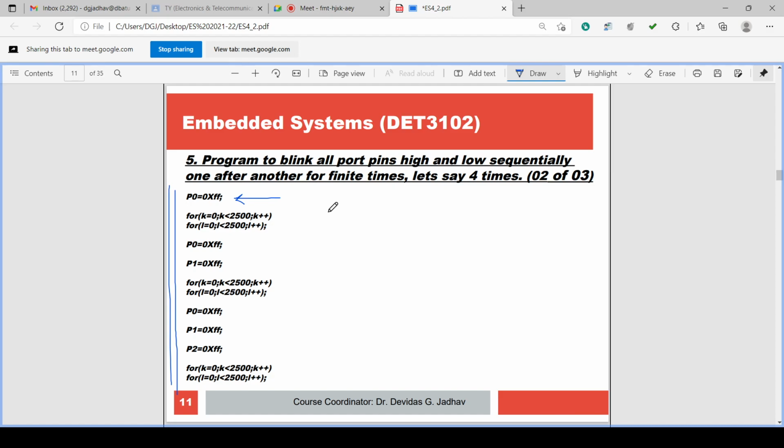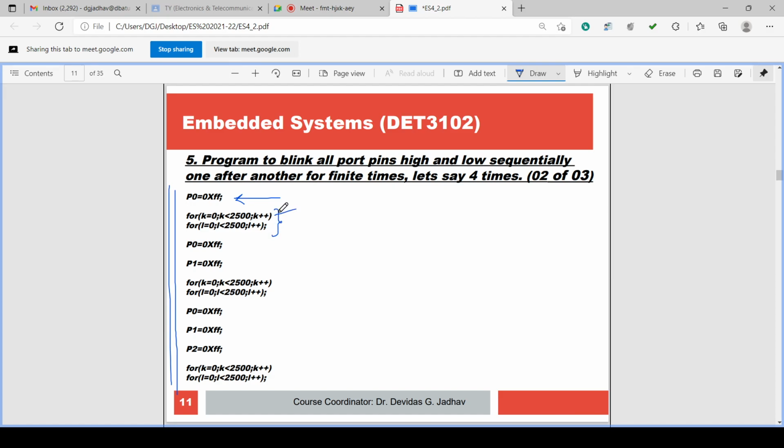After P0 is sent 11111111, P0 will become high. The rest of the ports, P1, P2, P3, are low only. Sequentially we have to blink them. So first only P0 is made high. Then again the nested for loop delay is there.